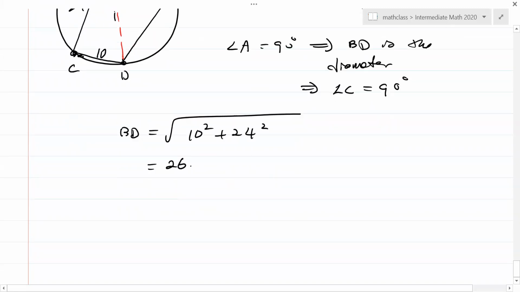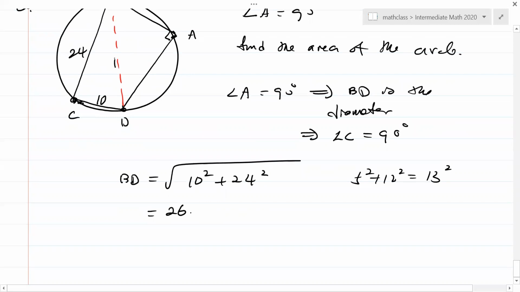Now you say, how do you know that? Do the computation quickly. I know 5 squared plus 12 squared equals 13 squared, and both are multiplied by 2. All right, so BD is going to be 26.